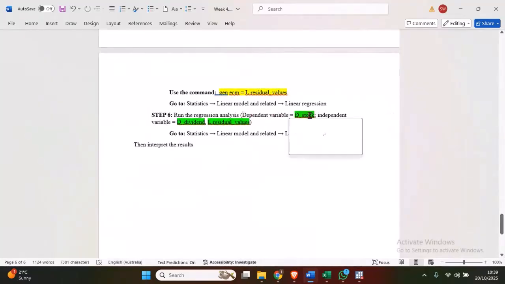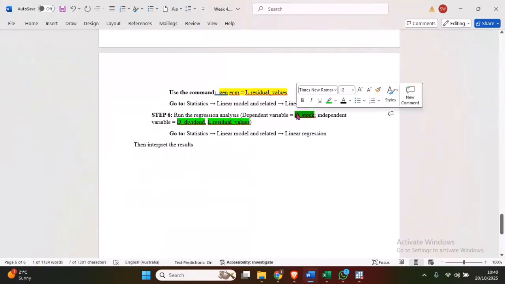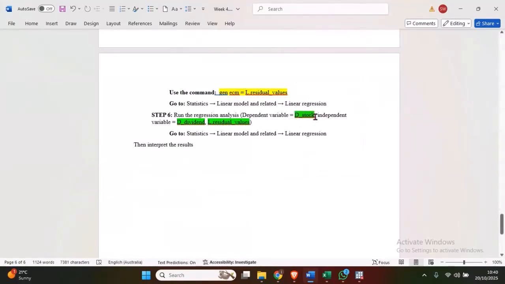Now you have to note the difference in this case. We shall not be using the original values of stock, but the difference of stock, simply because in the original values they were non-stationary, but after differencing them, they became stationary. So in this case, we are going to use the difference values of stock as the dependent variable.